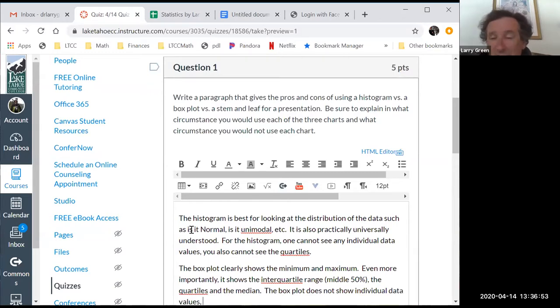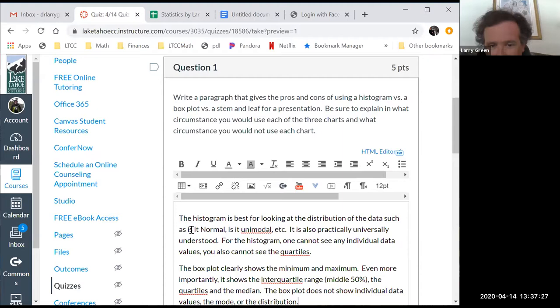What else does it not show? Well, most can't read it. We'll get to that in a bit. It doesn't show the mode or the distribution. You can't look at a box plot and say, ah, that's a normal distribution, because you don't see that bell shape.